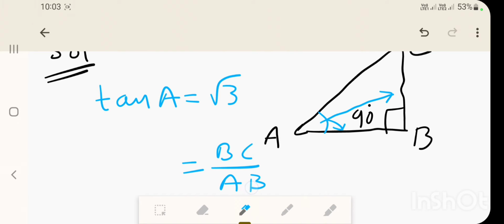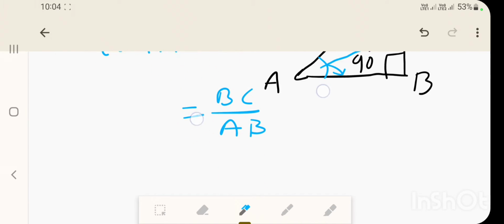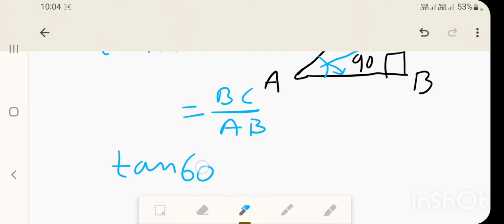But what is the problem here? Since they have not given any of the lengths of the sides of the triangle, how to do it? That is the typical case, where you have to remember some of the values. You have to memorize tan 60. Tan 60 is root 3.